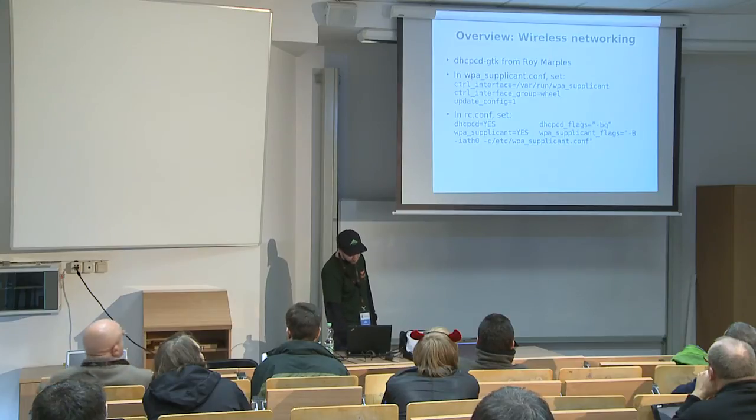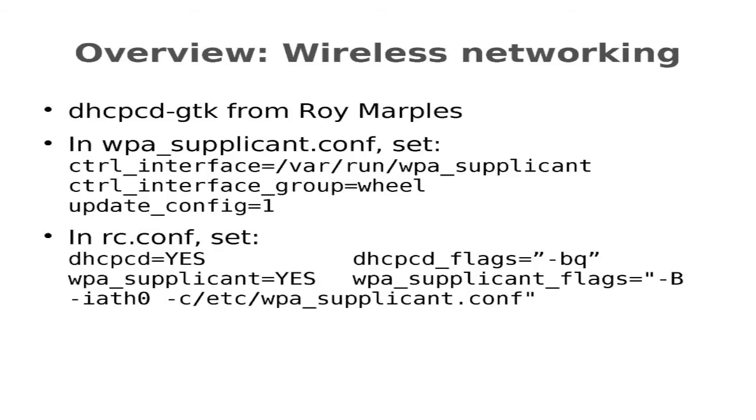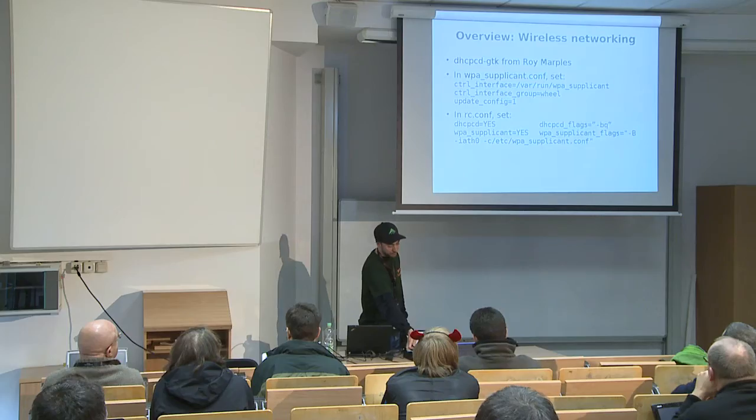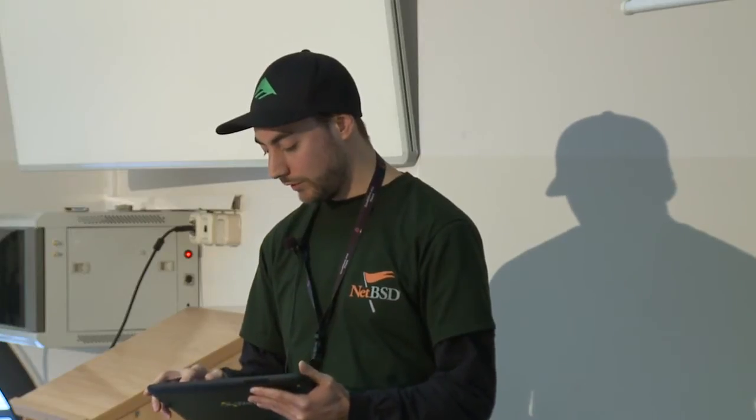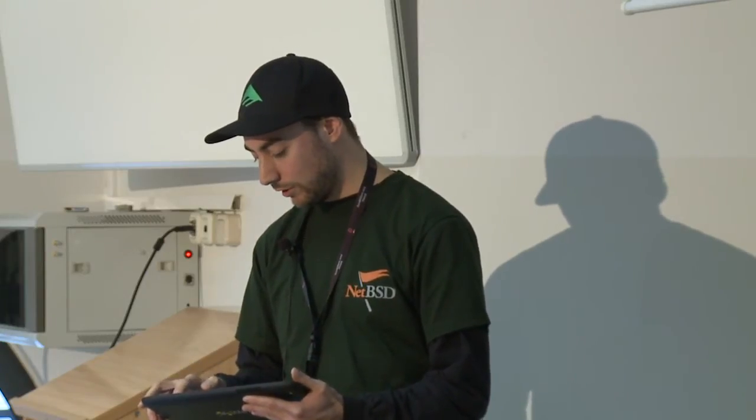Then Wi-Fi is also supported with the finger interface. Basically, Roy Marples, also another NetBSD developer, wrote a small GTK application to interface with his dhcpcd daemon, and it works quite nice. It doesn't see any network here, which is really surprising.